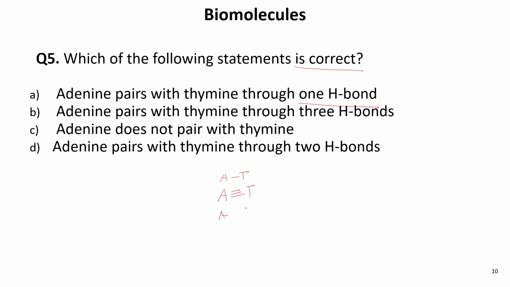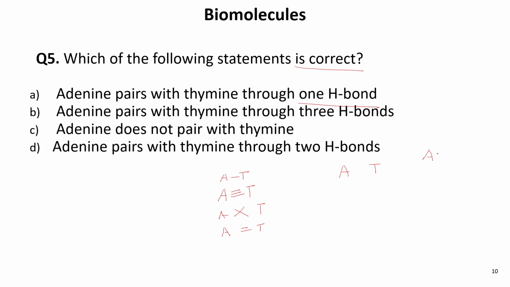Adenine pairs with thymine through 2 hydrogen bonds. If you remember, there are 4 different types of nitrogenous bases, namely adenine, thymine, guanine and cytosine.